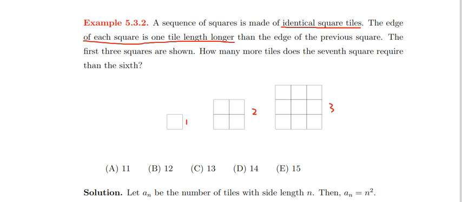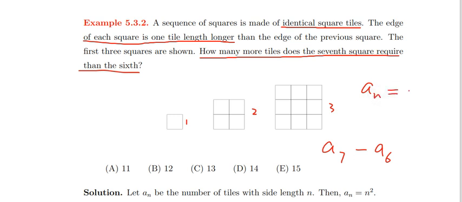Now the question: how many more tiles does the 7th square require than the 6th? So we want to find A7 minus A6. What is An? Actually An is n squared, so this is just 7 squared minus 6 squared.